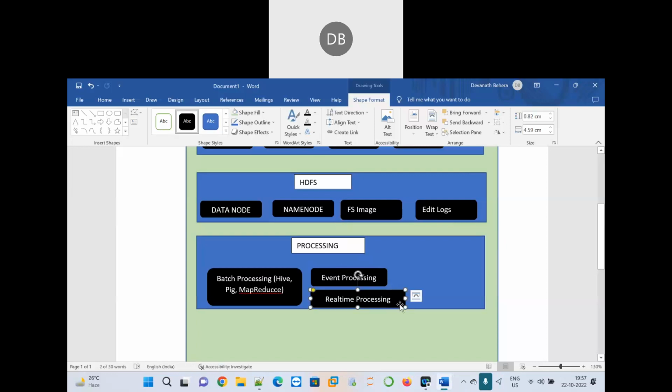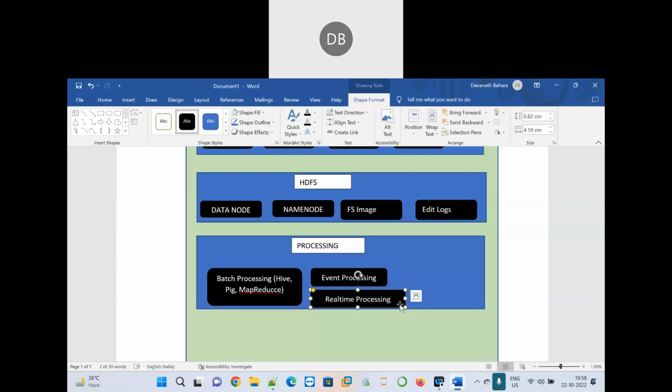Okay. Batch processing means whatever happens in a particular day. Suppose in a banking environment, the number of transactions throughout the day, whatever is going to happen, those transactions will be summarized and taken into account and processed in some batch mode.